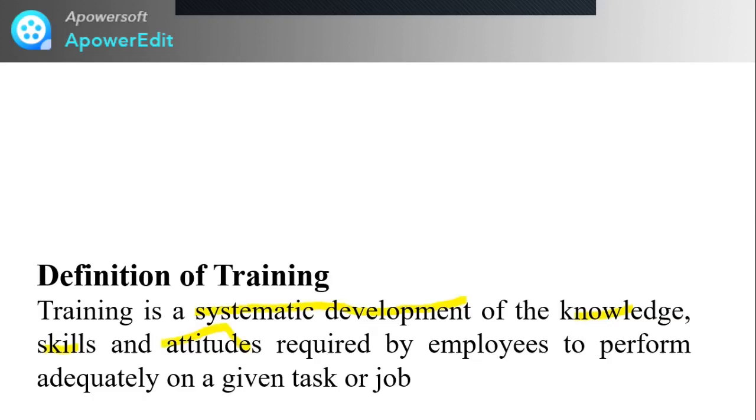Again, KSA. Through a systematic approach, we try to enhance the knowledge, skills, and attitudes the employee needs. Why are those things needed? To do the job successfully and properly.